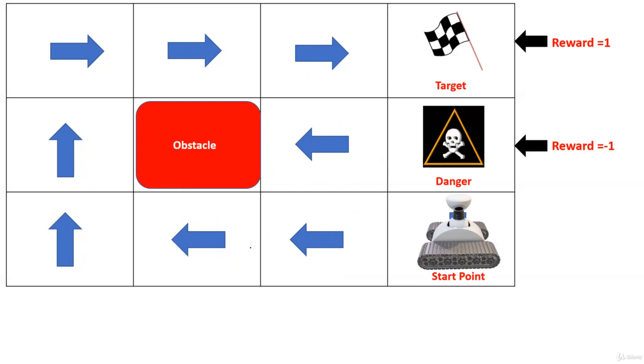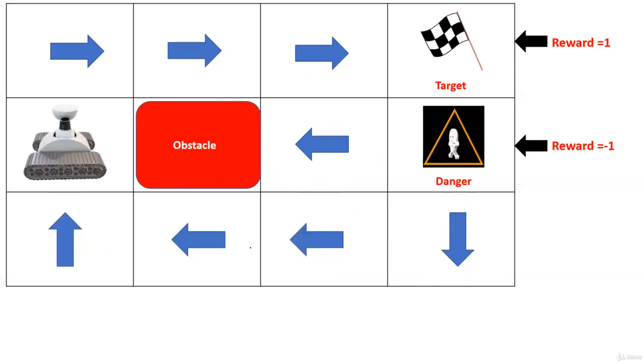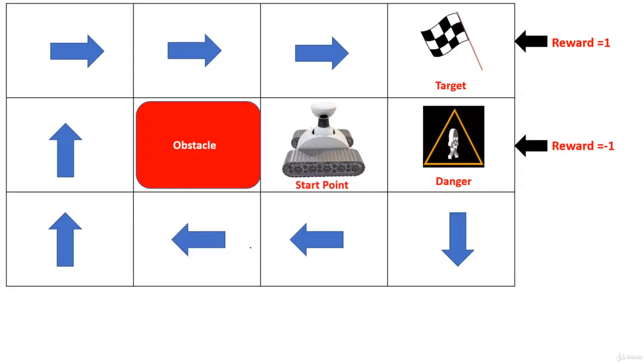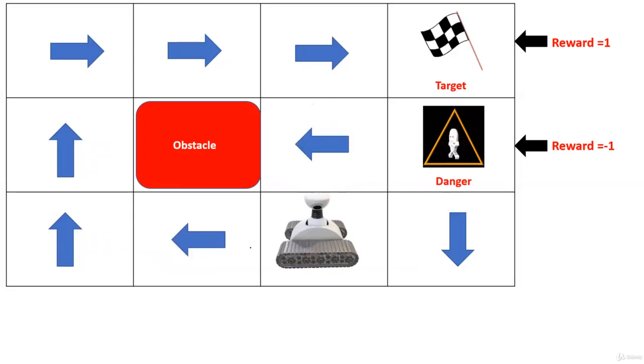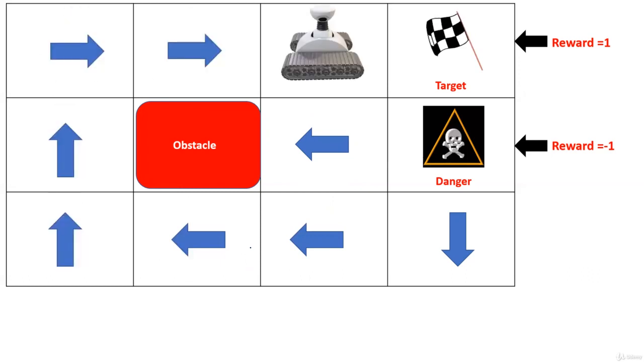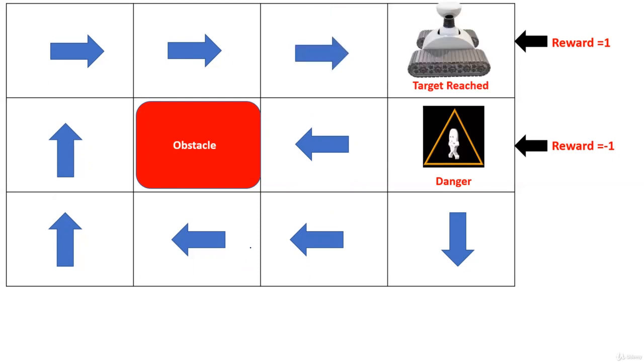If the UGV start point is here, it is going to go from here, here, here, here, here, and the final target place is reached. Case number 2, if the UGV start point is here, it is going to go from this side, or it might take the upper path also. It's completely based on the values.